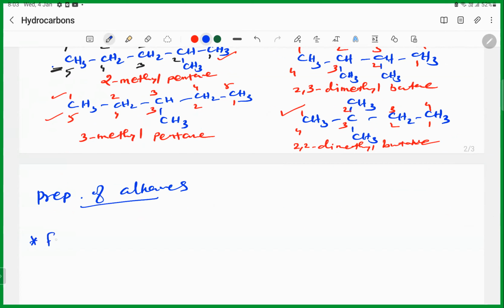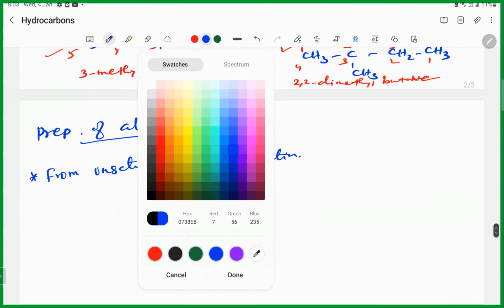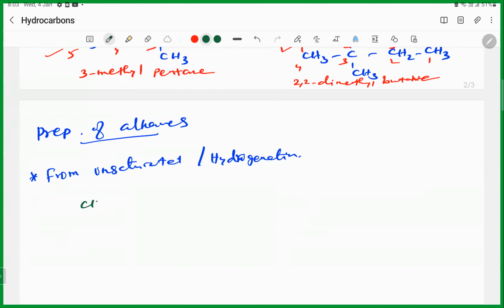From unsaturated compounds, you can prepare alkanes by hydrogenation. When you have a compound like CH2=CH2, ethylene, you add hydrogen in the presence of Raney nickel.